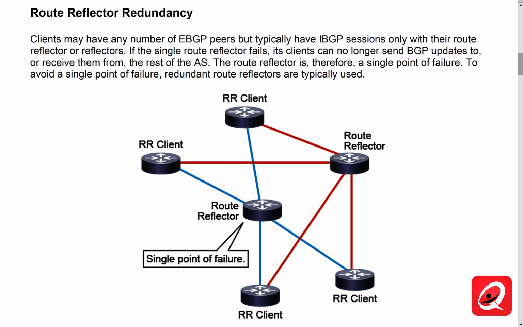Both route reflectors in this particular case are going to receive the same iBGP updates from their clients. They will both reflect those updates to the rest of the clients, and then both route reflectors will also get updates from the full mesh and reflect those updates to their clients as well. We're talking about the full mesh of non-client routers that we have. So each client in this case will actually get 2 copies of all the routes.